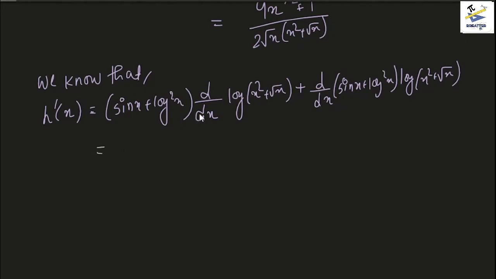Now this is the derivative of log of x square plus root x. This is 4x to the power 3 by 2 plus 1 divided by 2 root x whole into x square plus root x.